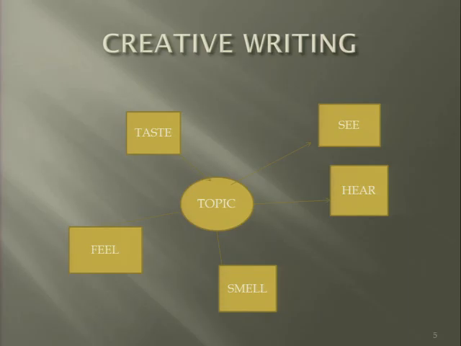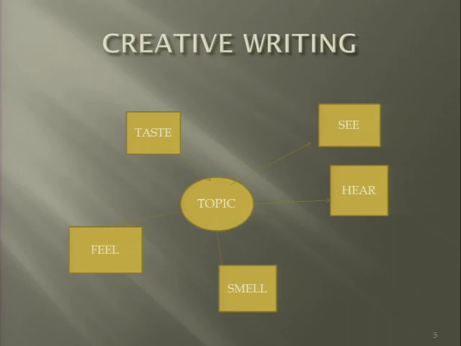Now, when you start writing, especially for your essays, make sure that you appeal to all senses. Like, if you're writing about food, mention how it tasted. If you were to write a descriptive essay about the most beautiful person you have ever seen, then you have to be very visual in your descriptions. What did you hear, depending on the topic?